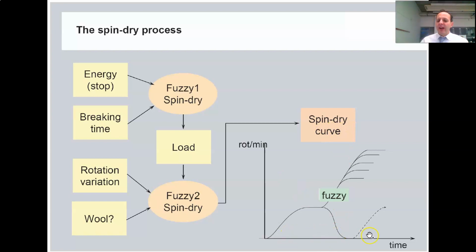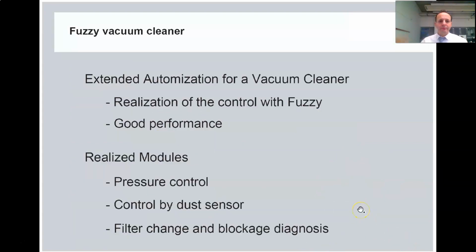The spin dry curve you can see here is the behavior of the cycle in terms of rotation per minute, and depending on the inputs you can obtain different curves as a function of time.